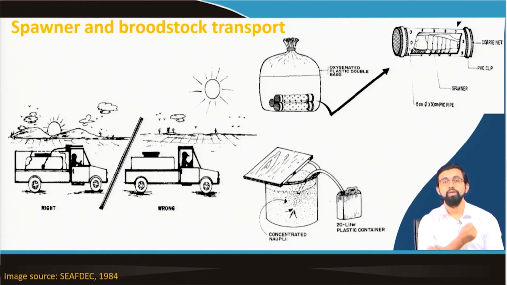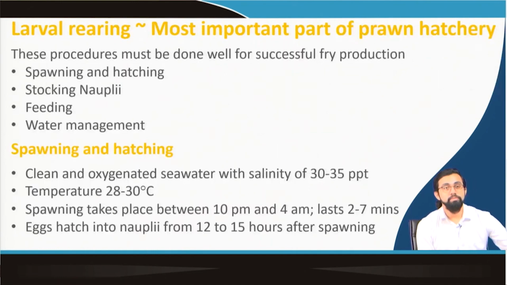So that's why it's better to collect and transport them in the early sunrise or early after sunset time. Okay. Normally they are collected in oxygenated plastic double bags, and then transported from one place to another.